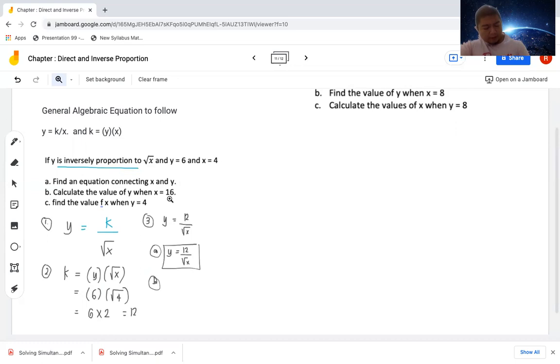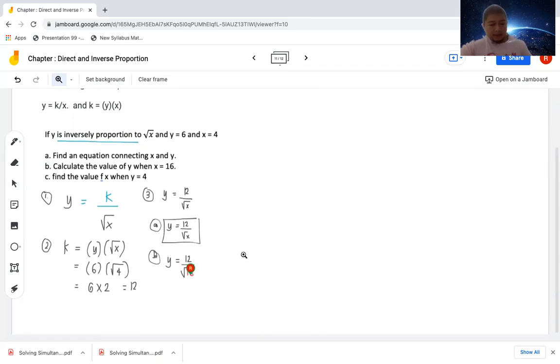Using the same formula, you plug in 16 where the x is. Then y is 12 over the square root of 16, which is 4, which gives us y equals 3.